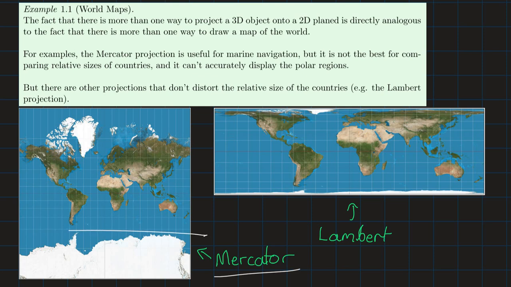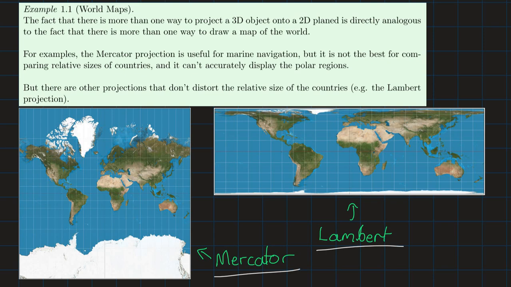So like Antarctica here is enormous on this map, but it's way bigger relatively on this map than it should be. Okay. Whereas another type of world map projection is called the Lambert projection, and this projection, maybe it's worse at some things, but now it keeps the relative size of the countries equal.